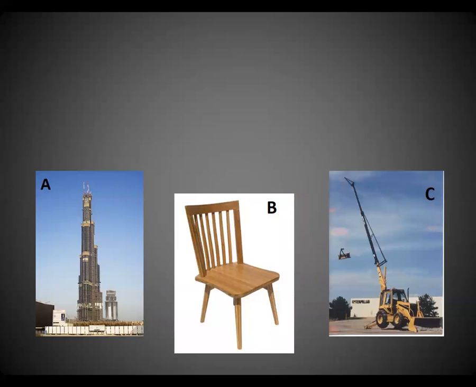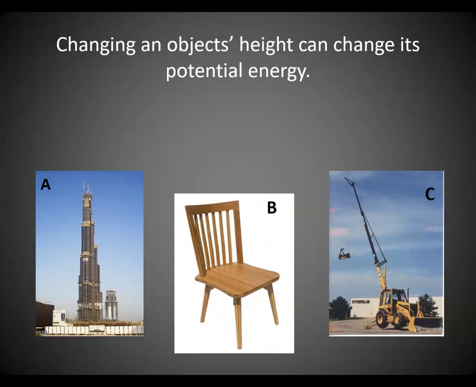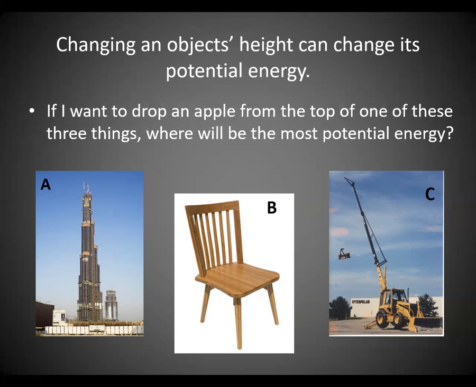Now, let's say we took an object and we dropped it from the top of each of these 3 objects. Let's say we're going to drop an apple, when is it going to have the most potential energy? Top of the skyscraper, at the top of the chair, or off the top of the crane?